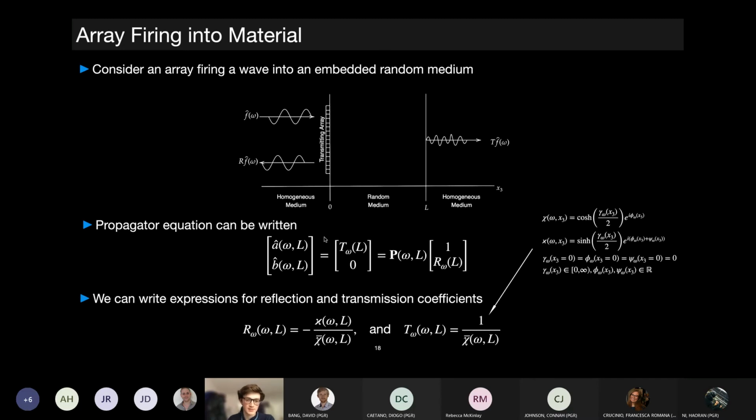So if you have this matrix equation, you can basically write down boundary conditions for this problem, and you can do some algebra and you get expressions for the reflection and transmission coefficients. And we've solved the SDEs to be able to find what the var cap and var chi things are. And remember, we parameterized them like so.